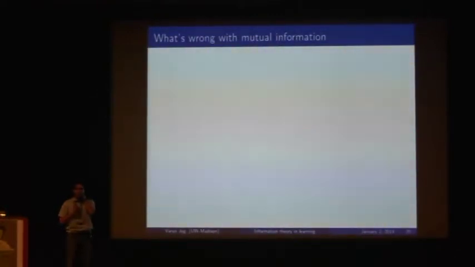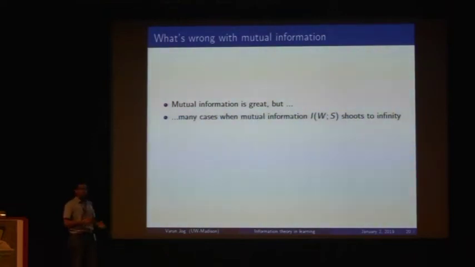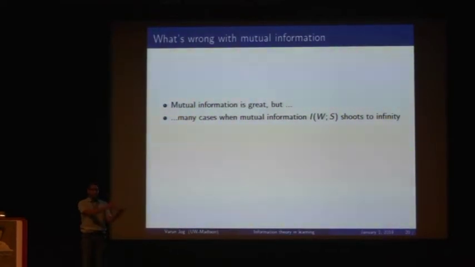And okay, this is where your question comes in. These are all the criticisms that I have about using mutual information bounds to get generalization error bounds. So one thing is that there are many cases in which mutual information is just infinite. Right? And if mutual information is infinite, we are in trouble, because you have generalization error upper bounded by I(W;S), and that is infinite, so you basically have a useless bound.